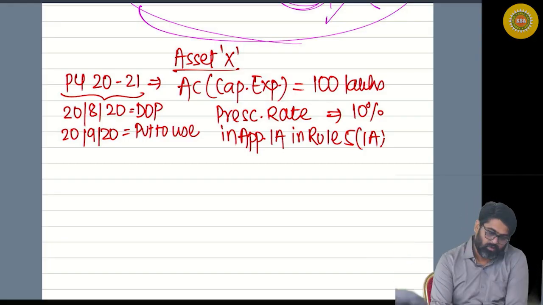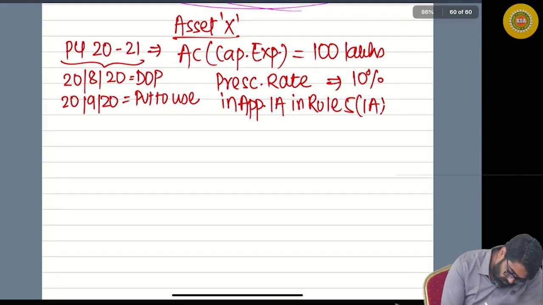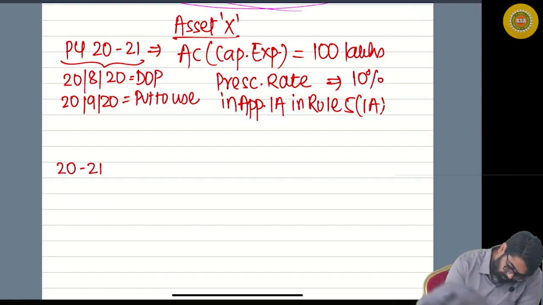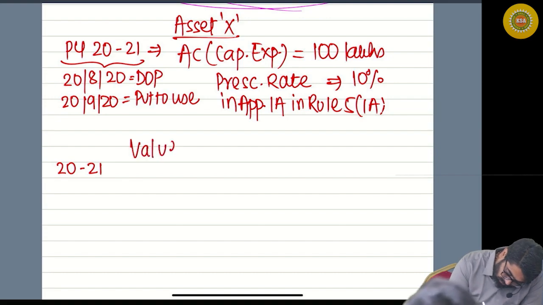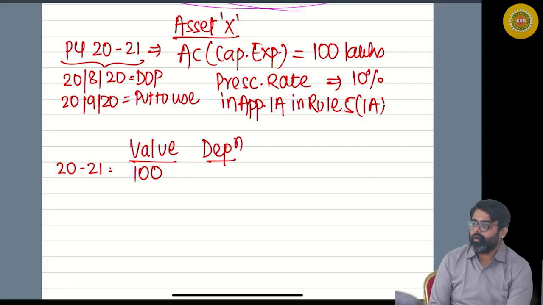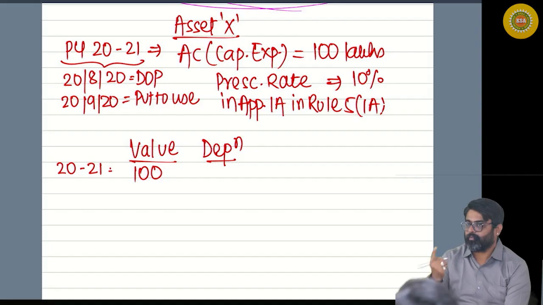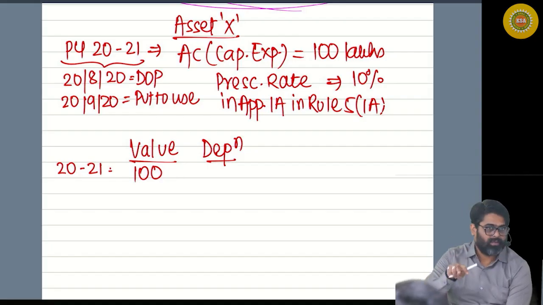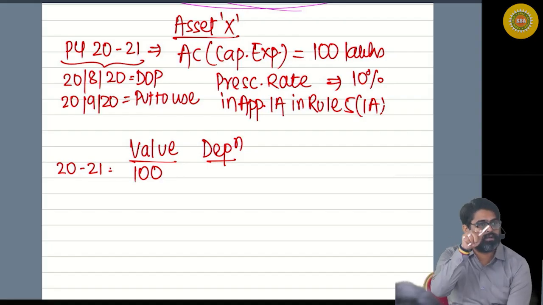Now, first year 2021. What was the value of the asset? Will you calculate depreciation for that year? Yes, because the asset is a specified asset owned by the assessee and used in the business.